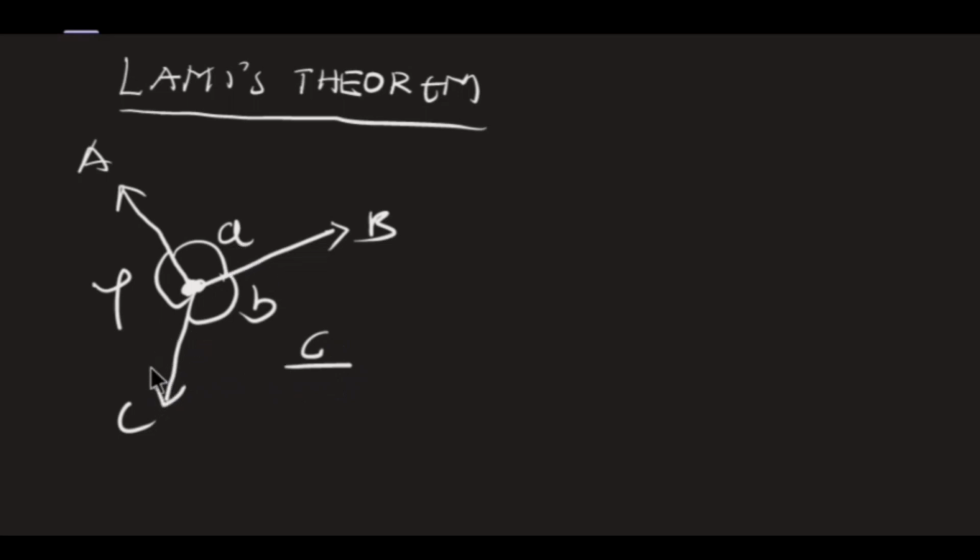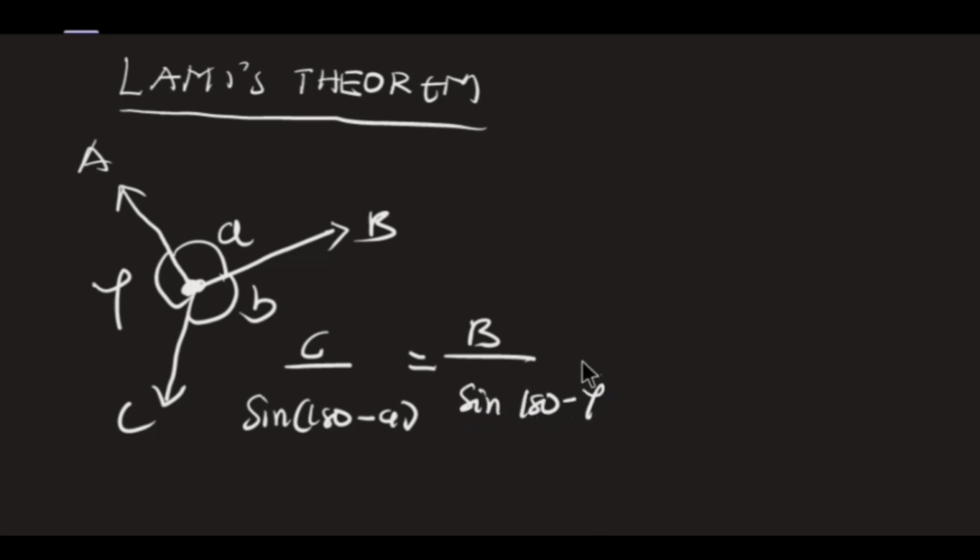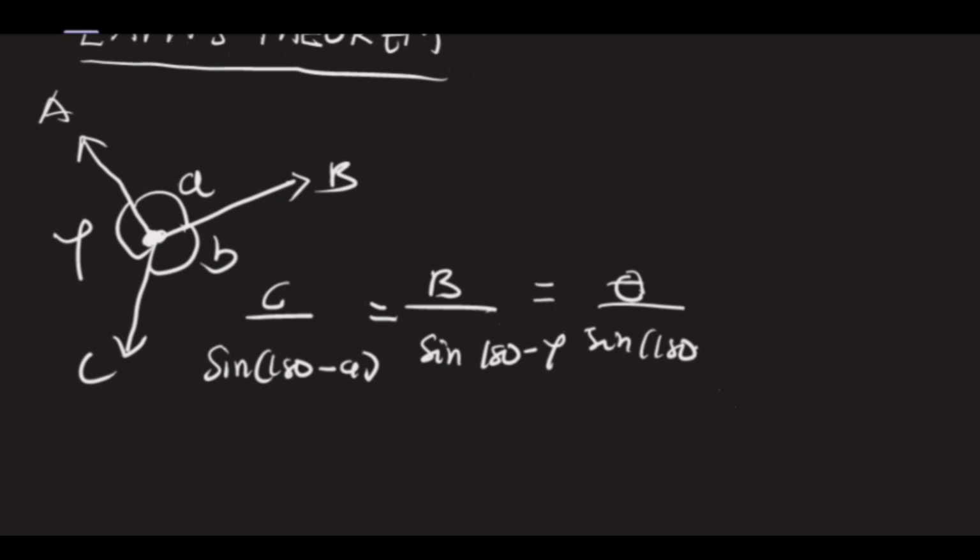So C over sine of 180 minus A should be equal to B over sine of 180 minus this angle, which should be equal to A over sine of 180 minus B.